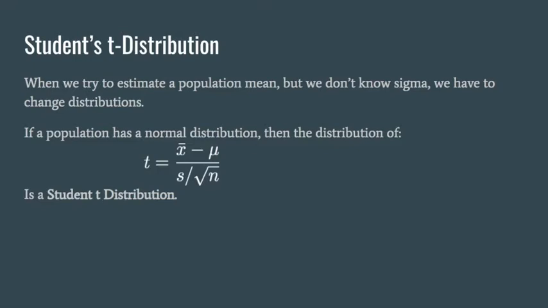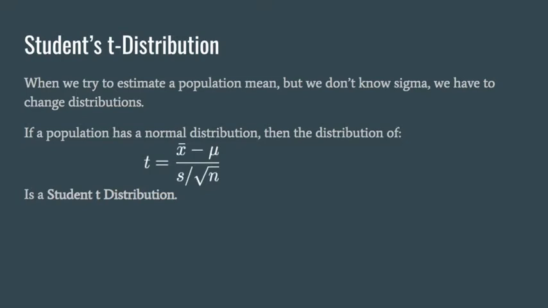The reason it's called student t, just a quick history: there was a man named William Gossett who used to work for Guinness Brewery in, I think, Scotland. He was a part-time amateur mathematician, and he developed this distribution, but Guinness Brewery had a clause in their employee contract that said that anything that you created while working for Guinness belonged to Guinness.